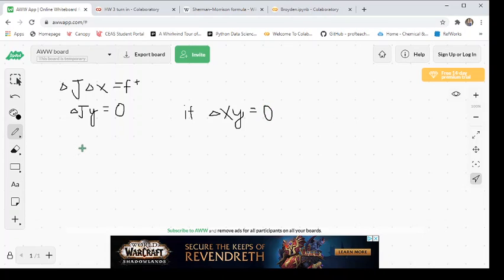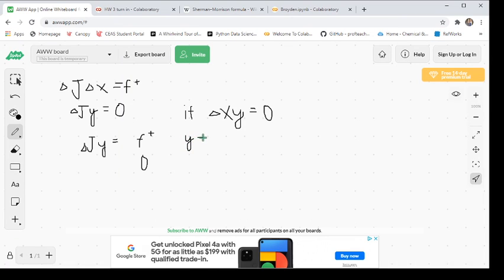So then we can combine those two equations.